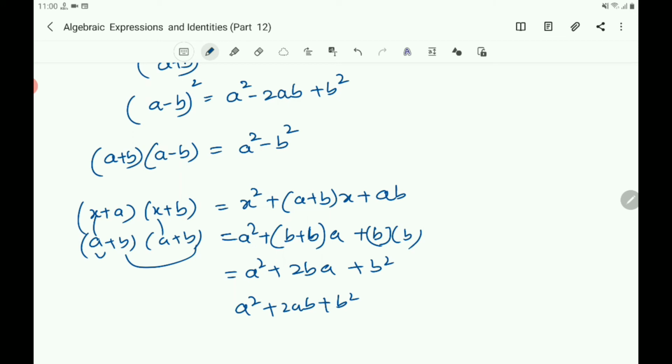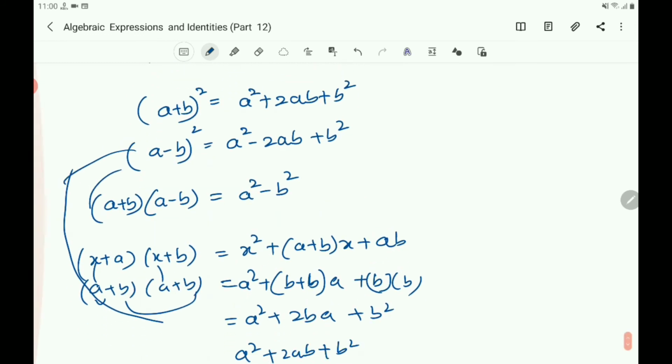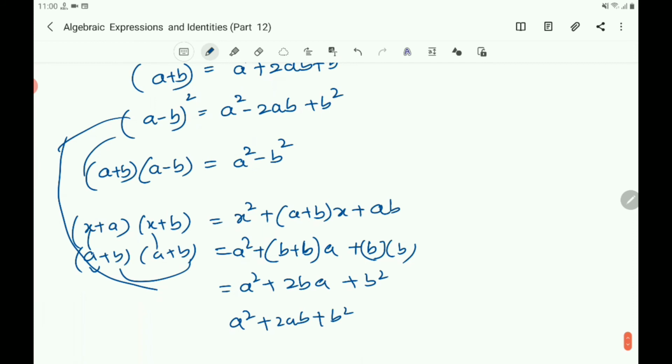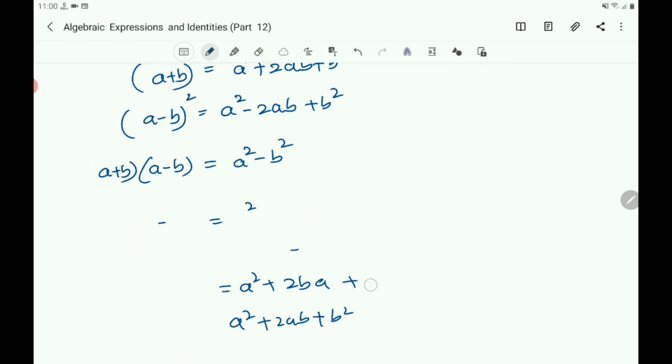So here x plus a into x plus b is the generalized form. Again you can prove this for the other 2 also, this one and this one, by substituting values for x, a and b. Therefore the fourth identity is the general form of the first, second and third identity.